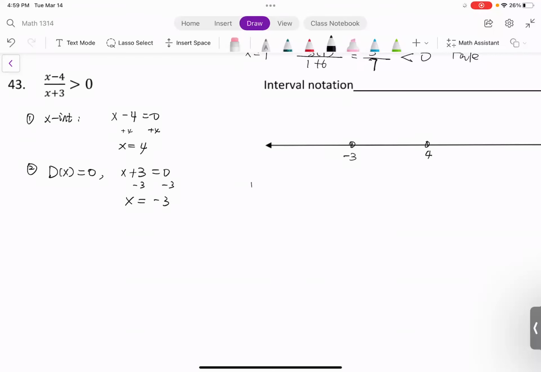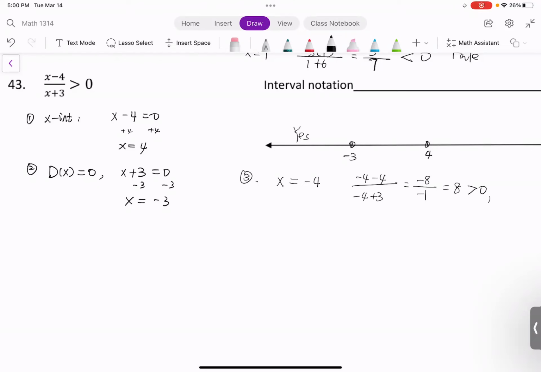So I'm trying number 3, x equals -4. And then put -4 in the rational inequality. So -4 minus 4, over -4 plus 3. This equals -8 divided by -1, which is +8. Is that greater than 0? Yes, it is.